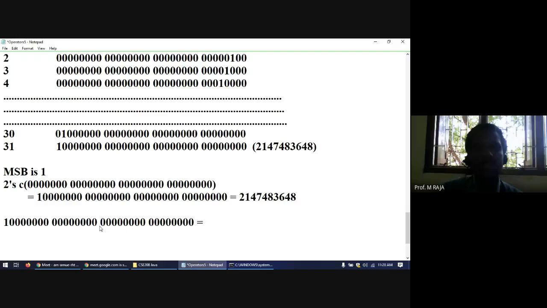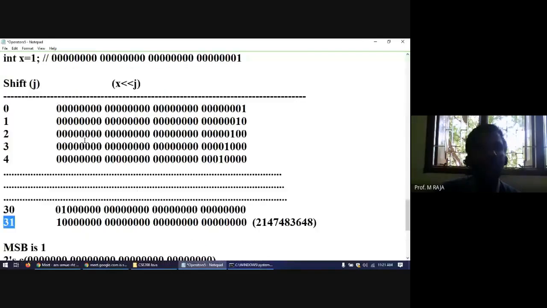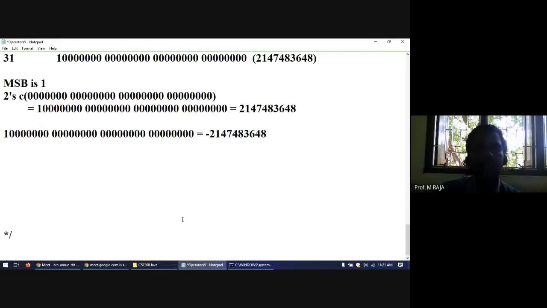MSB, the most significant bit, is 1, its sign is minus, so minus 2147483648. The range of integer is minus 2147483648 to plus 2147483647. So during the 31st shift operation, the value of integer variable x is set to this quantity.